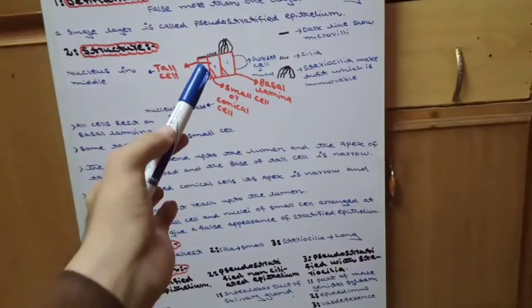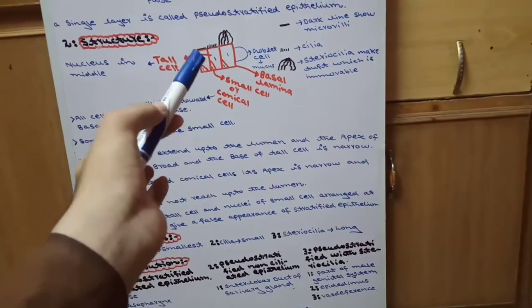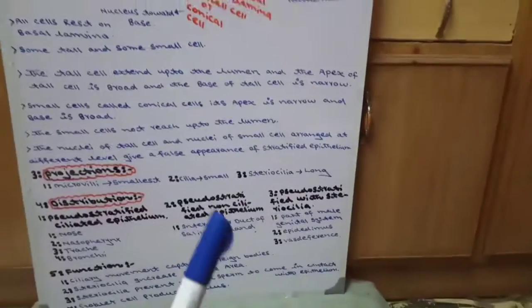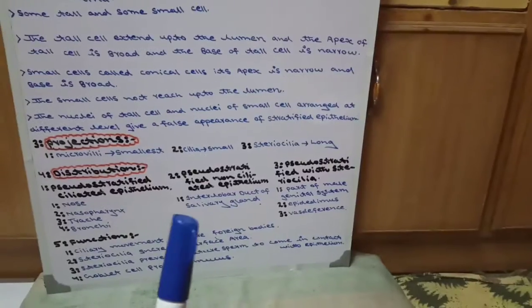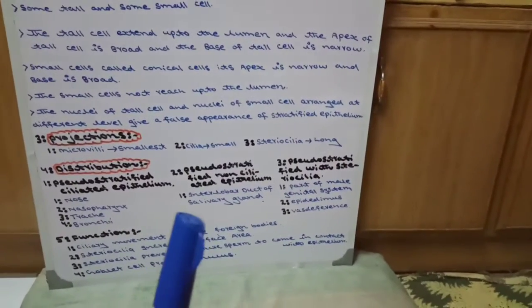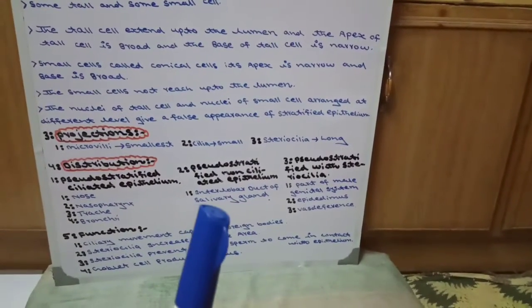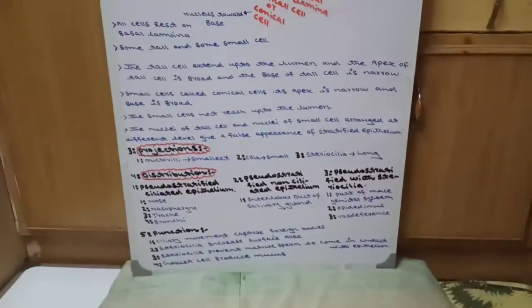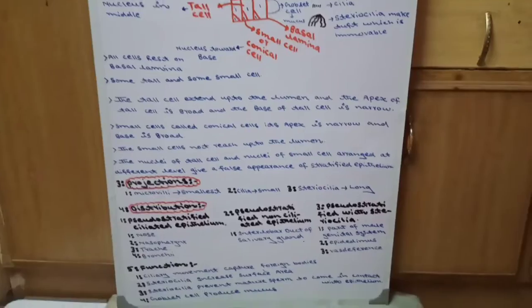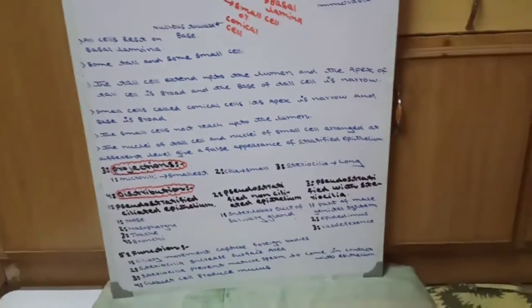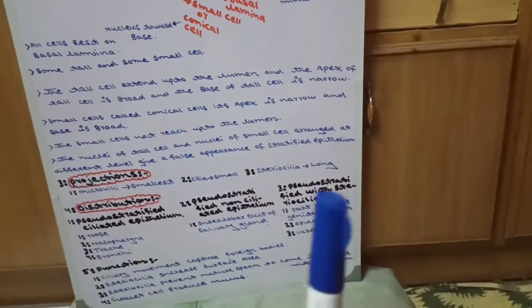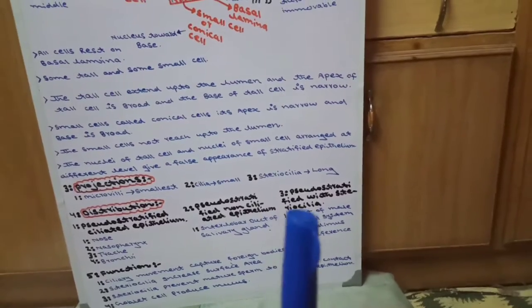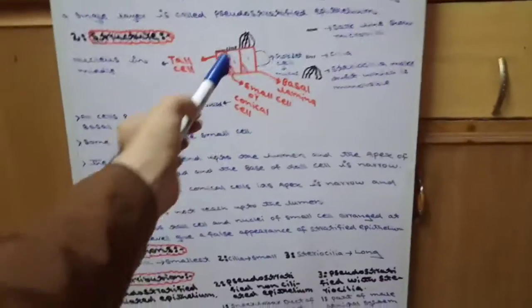Next is pseudostratified non-ciliated epithelium. If cilia are not present, pseudostratified non-ciliated epithelium lines the interlobar duct of the salivary gland. The third is pseudostratified with stereocilia.